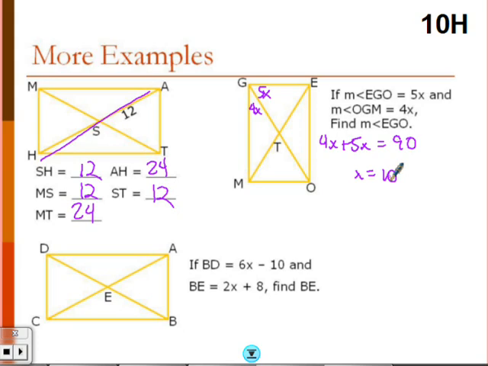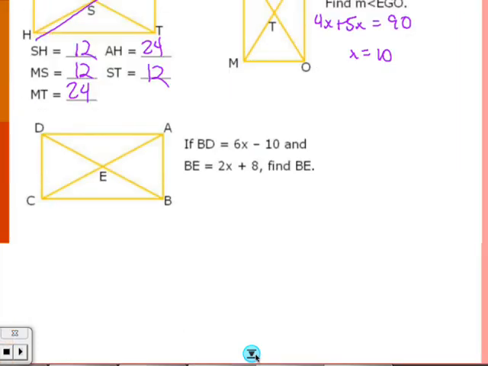On the bottom one, we have BD is 6x minus 10, so the whole thing. So on the last one, we have BD is the whole diagonal. That's 6x minus 10. It says that BE is 2x plus 8. Well, I know that this part, BE, and DE are the same. So that's also 2x plus 8.